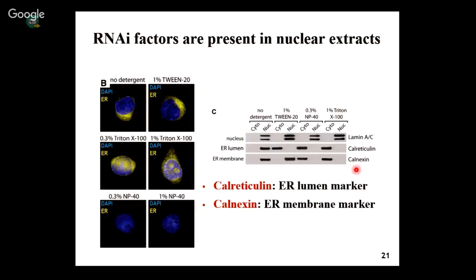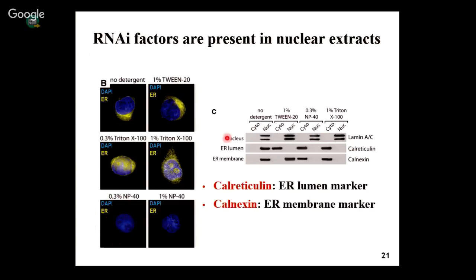First, they washed nuclei with buffer containing different detergents, including Tween 20, Triton, and NP40, and then checked the nuclei and ER by fluorescence microscopy. We can see the best efficiency of removing ER protein is with 0.3% NP40, and here it shows almost no yellow signal of the ER tracer.